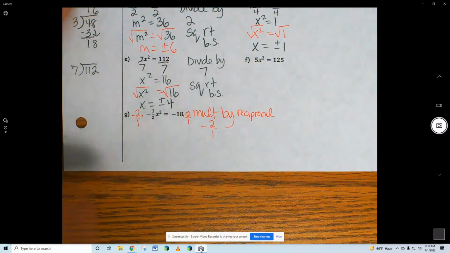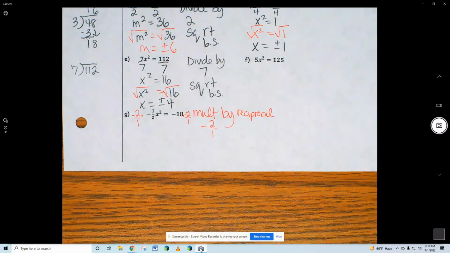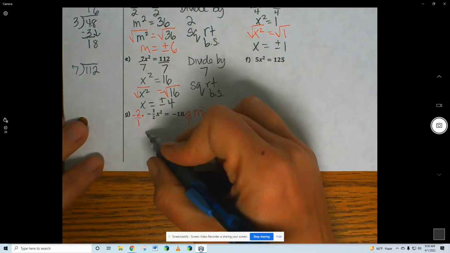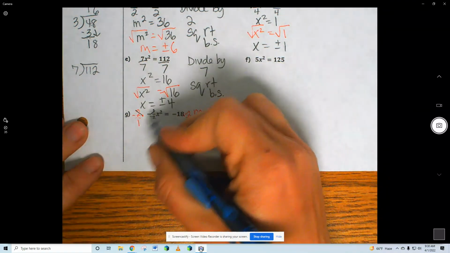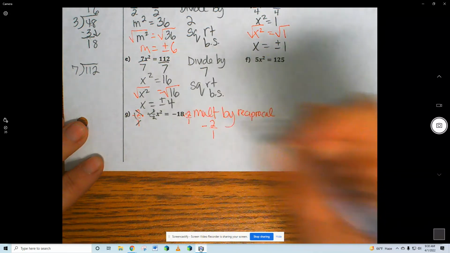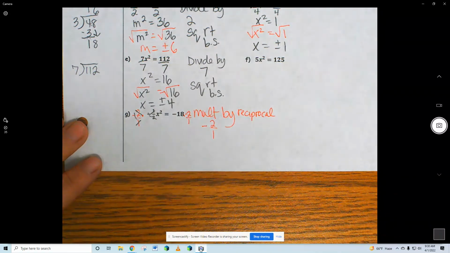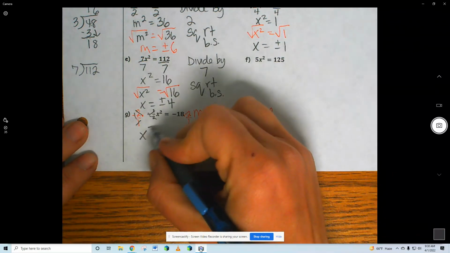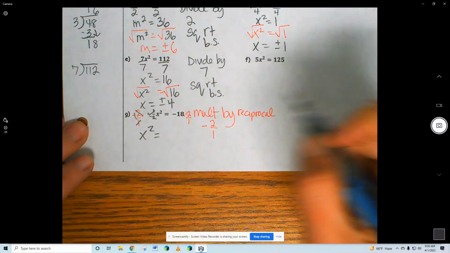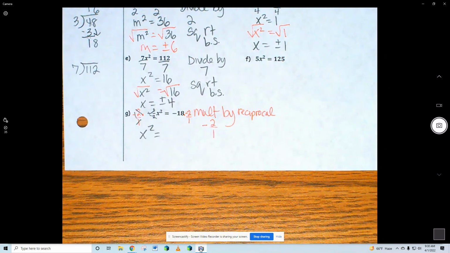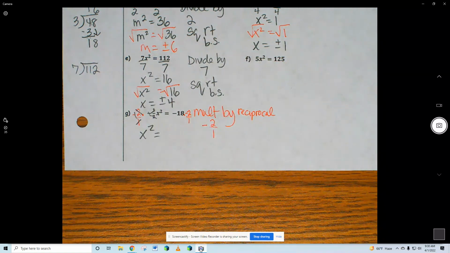So multiplying a negative 1/2 times negative 2 over 1, the 2's cancel, the 1's cancel, negative times negative cancel. This is what I want. I want x squared alone. What's negative 18 times negative 2? 18 doubled.